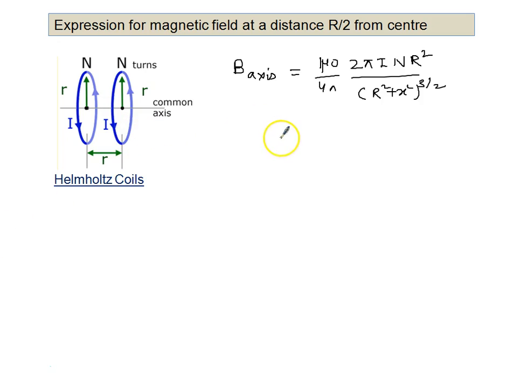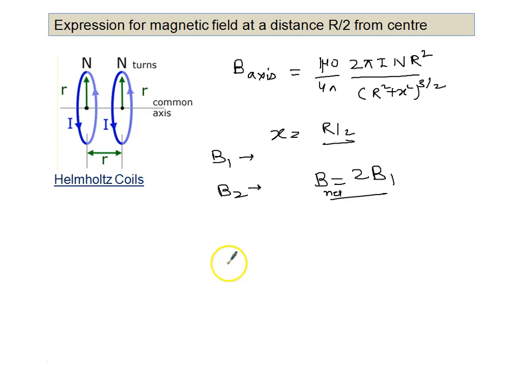Now you have to put x equal to r by 2 and calculate B1 and B2, and what you will observe is both B1 and B2 are in the same direction. So finally you will add, or you can say 2B1 or 2B2, this is the net magnetic field. So all of you just pause the video, solve it yourself, and then finally watch my solution.